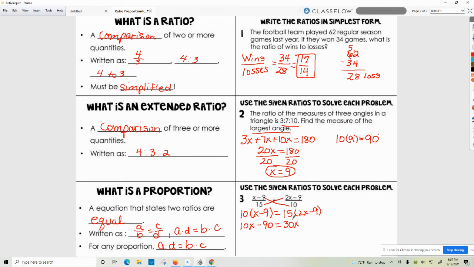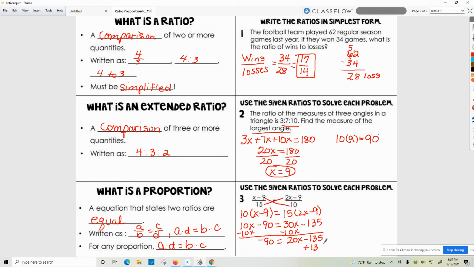And 15 times that negative 9 is a negative 135. Now I just want to move my terms around. I'm going to move my 10x to the other side. So that's going to leave me with a negative 90 equaling to 20x minus my 135.